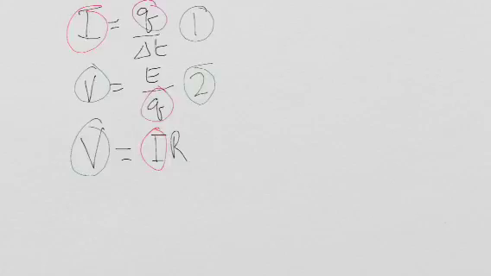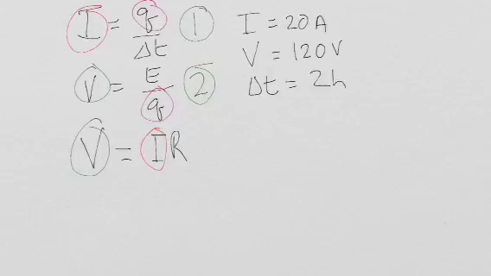So to work through an example like that, because that's a lot of talk and you're probably just like, whoa, what? If I were to say that Miss Lupel's iPhone has a current of 20 amps, and it uses a voltage of 120 volts over a period of 2 hours.